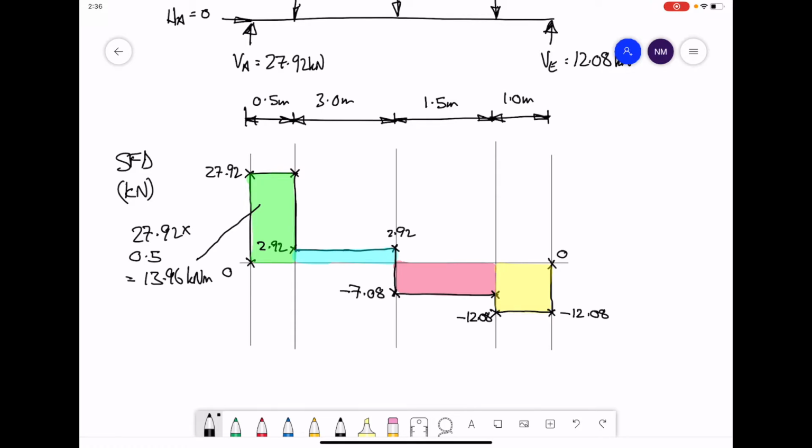So the blue area has an area value of 2.92 times 3, and that should give us a value of 8.76 kilonewton meters. For the red area, the height is minus 7.08, the length in that case is 1.5, so the area value here is minus 7.08 times 1.5, and that has a value of minus 10.62.